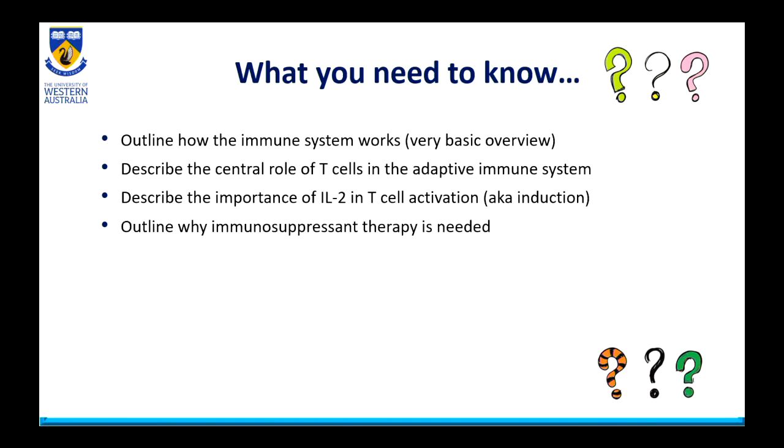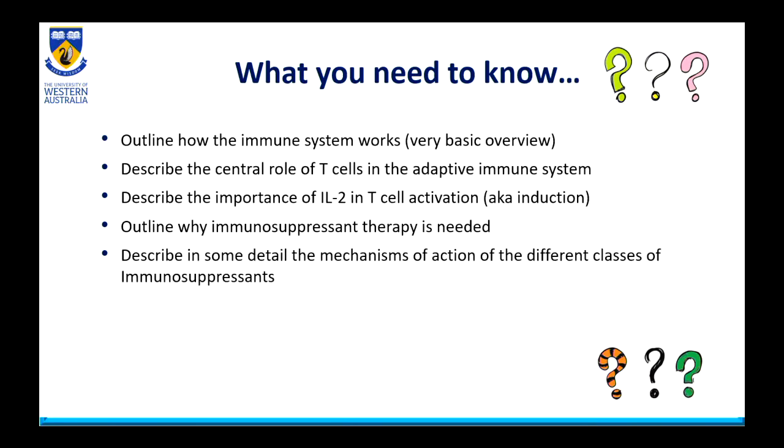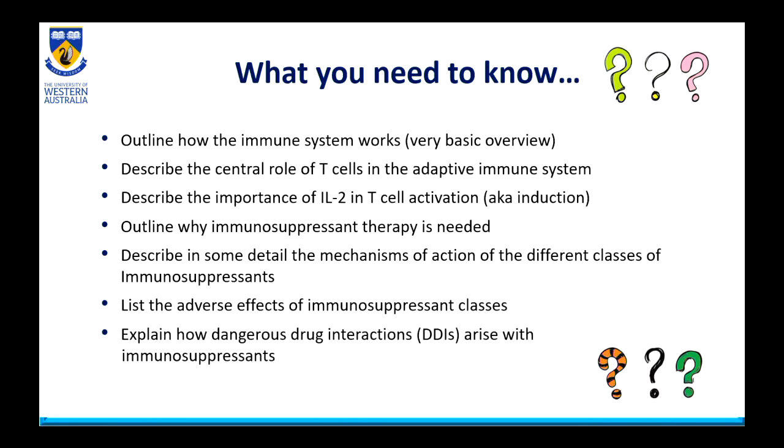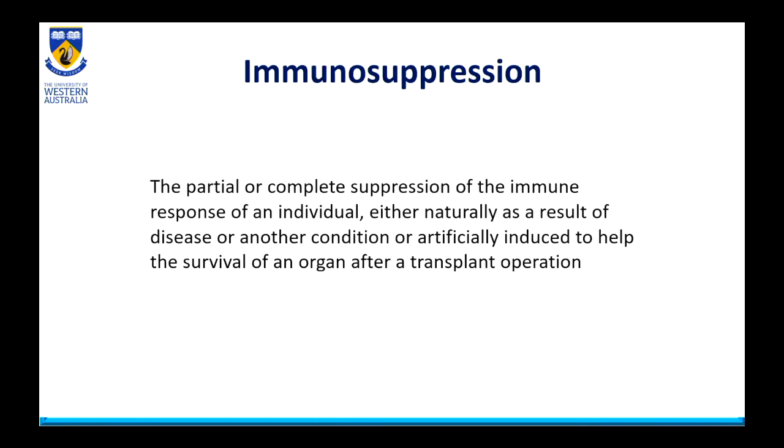Outline why immunosuppressant therapy is needed. And describe in some detail the mechanisms of action of the different classes of immunosuppressants. List the adverse effects of some of the immunosuppressant classes, and explain how dangerous drug interactions can arise with immunosuppressants. So there are areas that you need to understand.